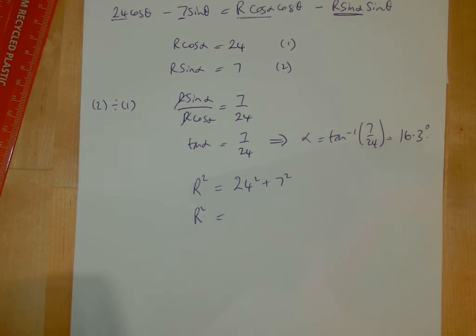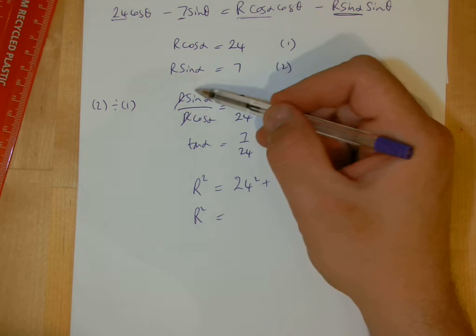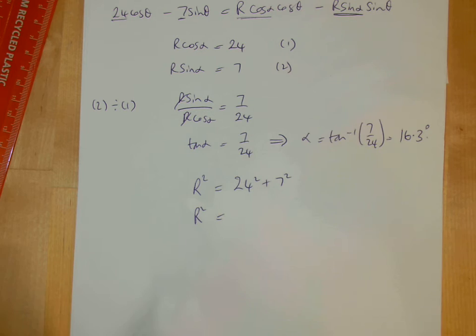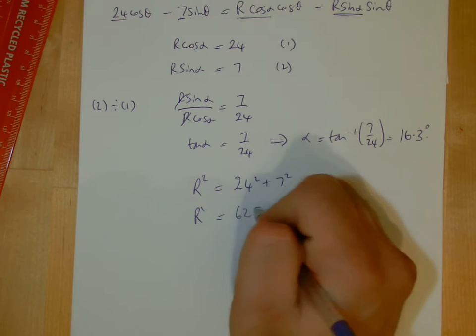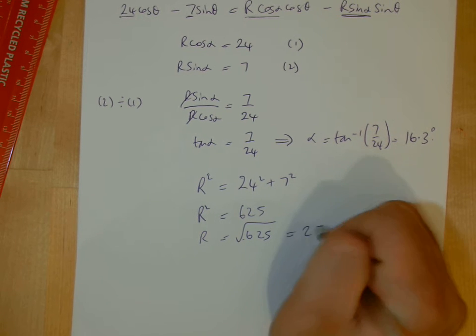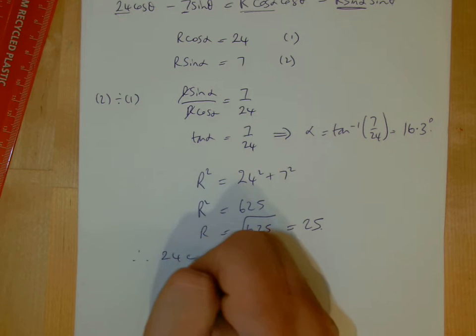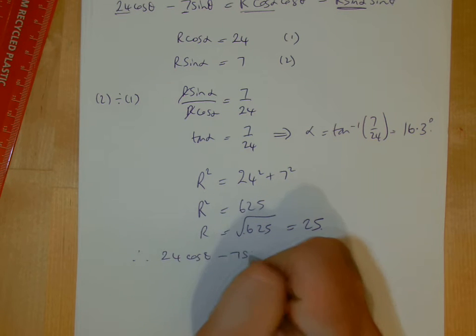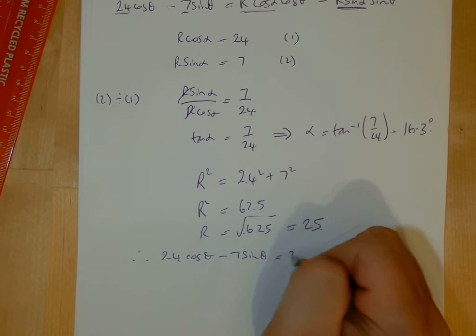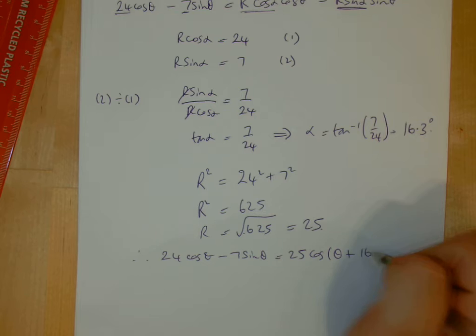You can just go for it straight like that if you remember. So we get 625, and then r is the square root of 625, which comes out exactly as 25. So then you can say, therefore, 24 cos theta minus 7 sine theta equals 25 cos(theta + 16.3).